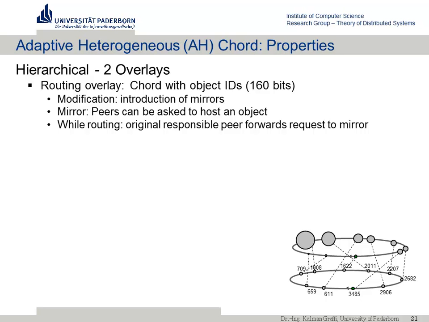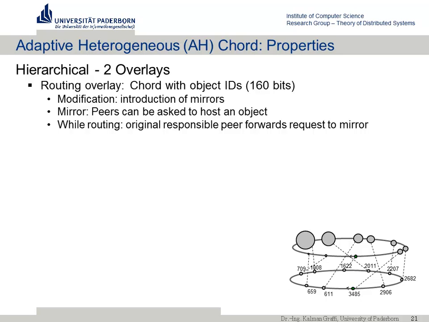So it asks another node, for example 1622, to host it as a mirror. Once a lookup comes in for the object ID 3000, it is received by node 3485, and the request is forwarded to the new mirror, which then hands out the file.